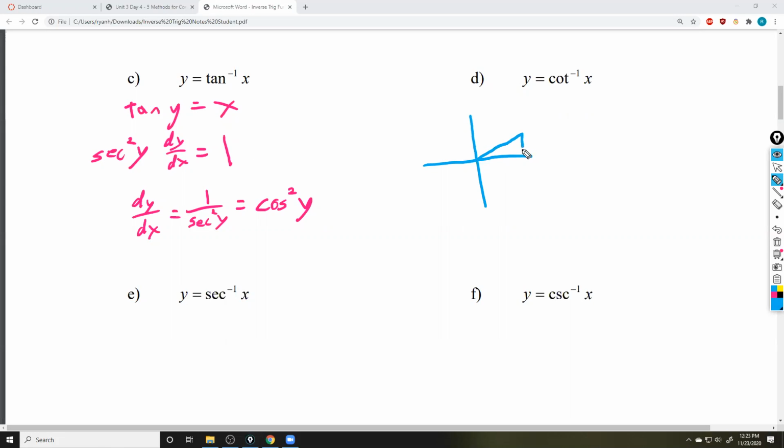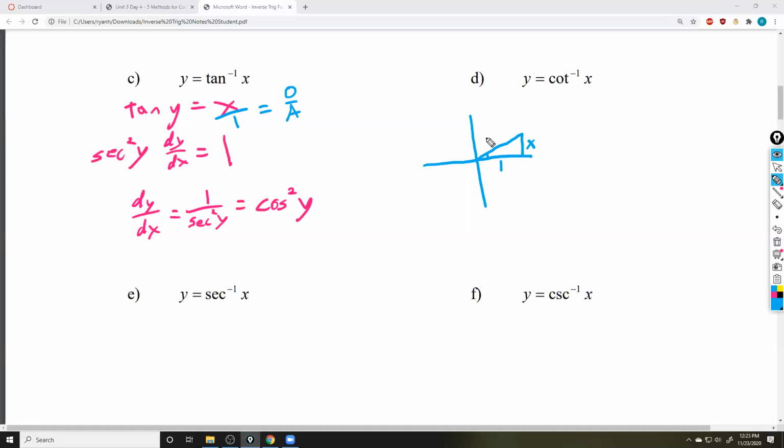So if we draw our kind of reference triangle here, here's our angle. If tangent of y equals x, that's x over 1. And so that means x over 1 is opposite over adjacent. So x is our opposite, 1 is our adjacent. So let's put that in there.